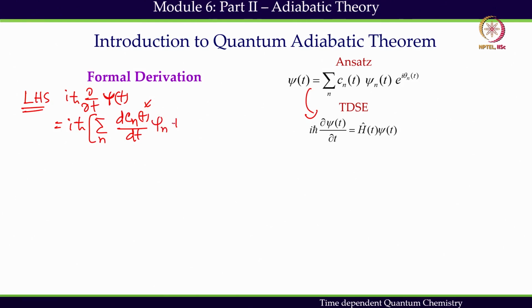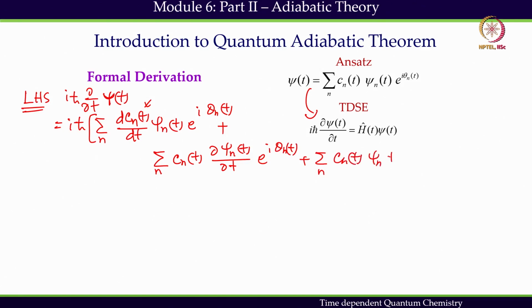Now this is psi_n(t) e to the power i theta_n(t), plus summation of Cn(t) times the partial derivative of psi_n(t) e to the power i theta_n(t), plus summation of Cn(t) psi_n(t), then i times the derivative of theta_n(t), e to the power i theta_n(t). This also is not going to be a partial derivative but a total derivative, because theta_n depends on the energy, and energy does not depend on x, energy depends only on t.